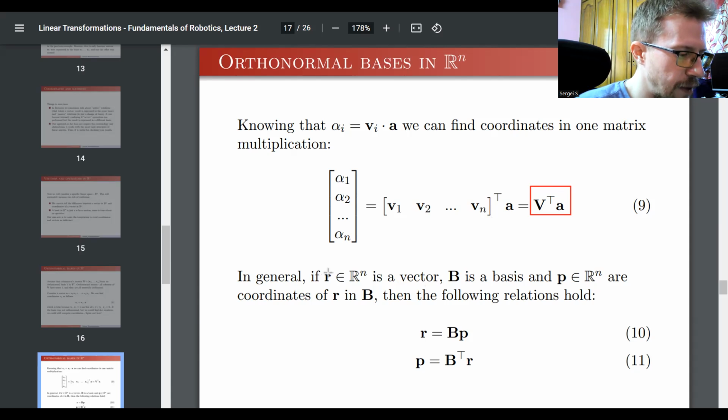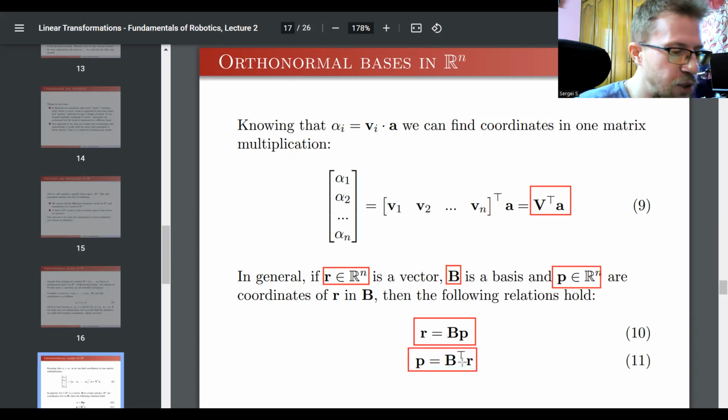Okay. So in general, if R is in Rn and B is an orthonormal basis, and P are coordinates, then on one hand, we can find R by multiplying B by P, and we can find P by multiplying R by B transposed.